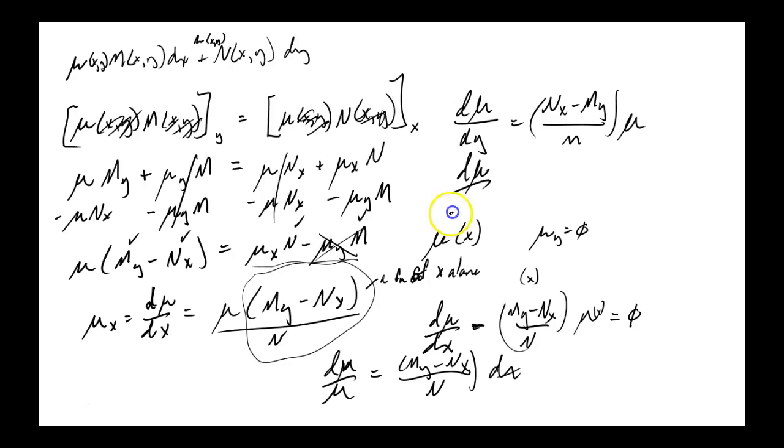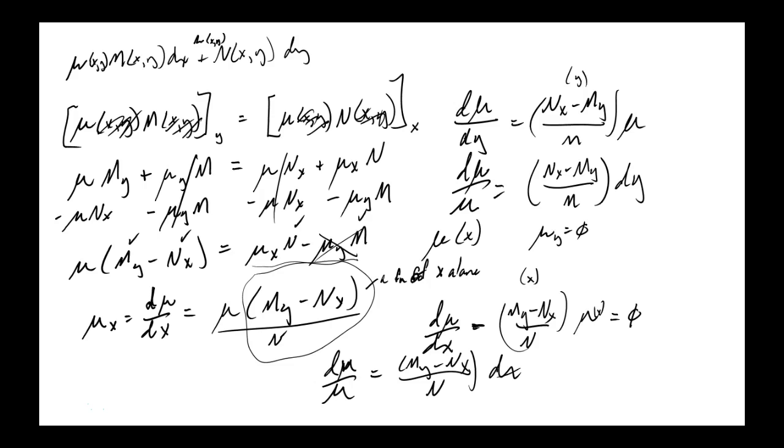d mu over mu is equal to this thing, which is now a function of y. So N sub x minus M sub y over M. If that turns out being a function of y, then that's times dy, and integrate both sides. That'll be a log mu. I know that one. The other one will be whatever it turns out to be.